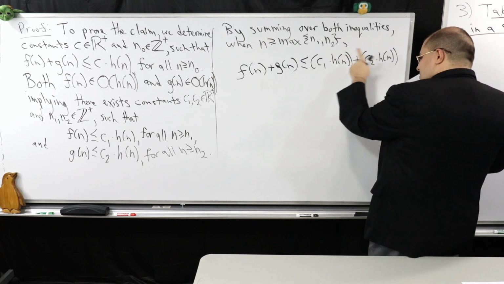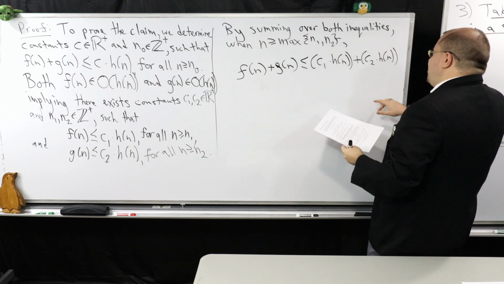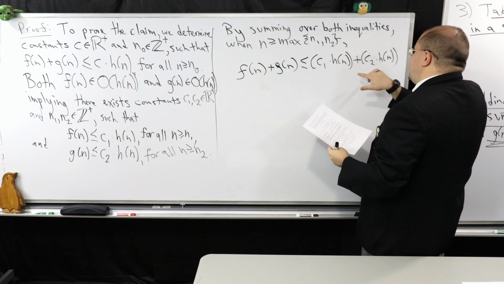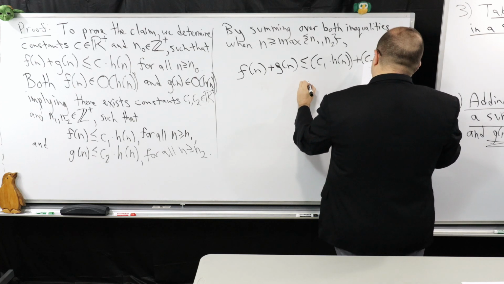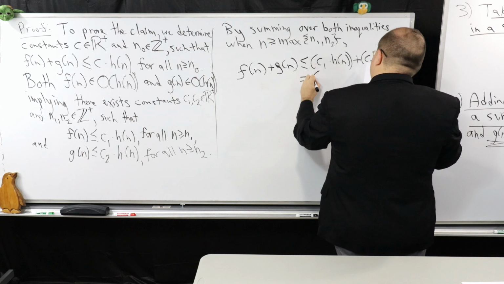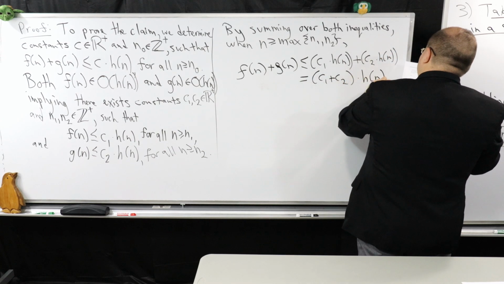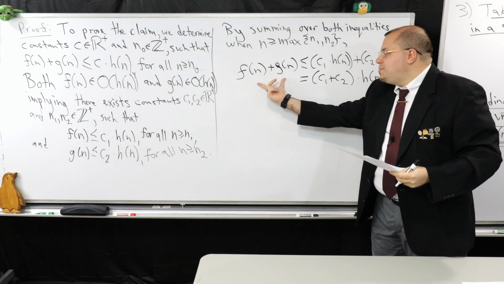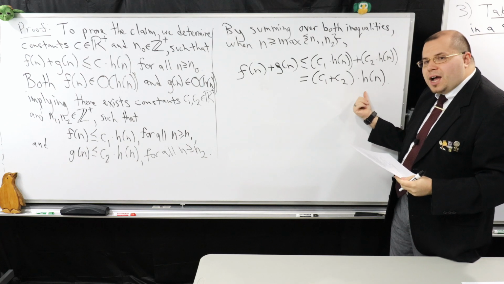So now I have this. I'm going to just rearrange the terms a little bit. Notice that I have c1 times h of n and I have c2 times h of n. Notice both of these terms have h of n. So I'm just going to factor this and rewrite this as c1 plus c2 times h of n. Now, this should look really interesting to you, because now I have f of n plus g of n is less than or equal to c1 plus c2 times h of n.